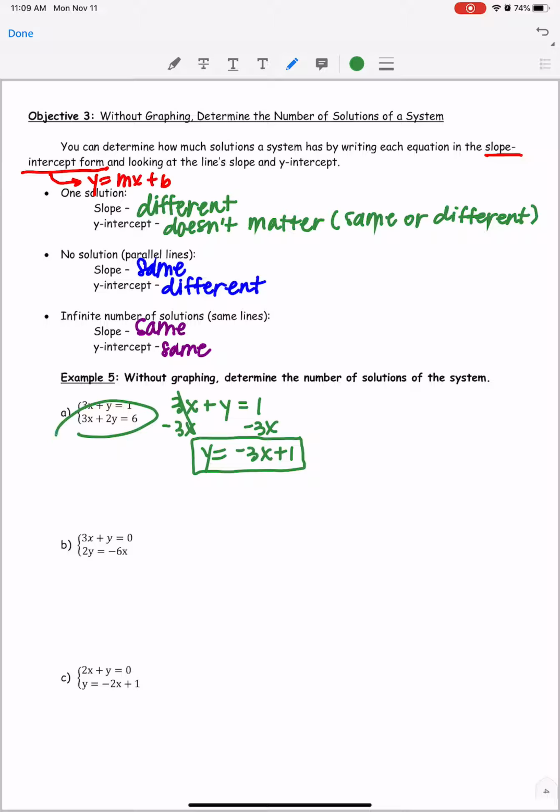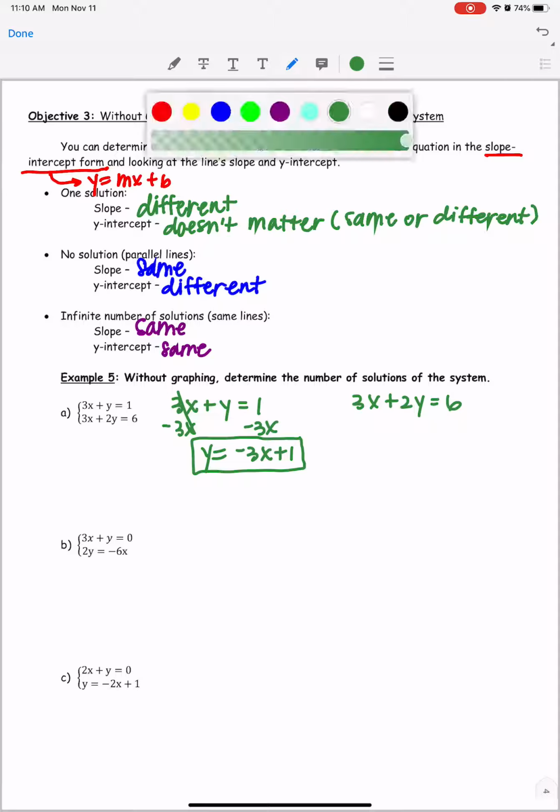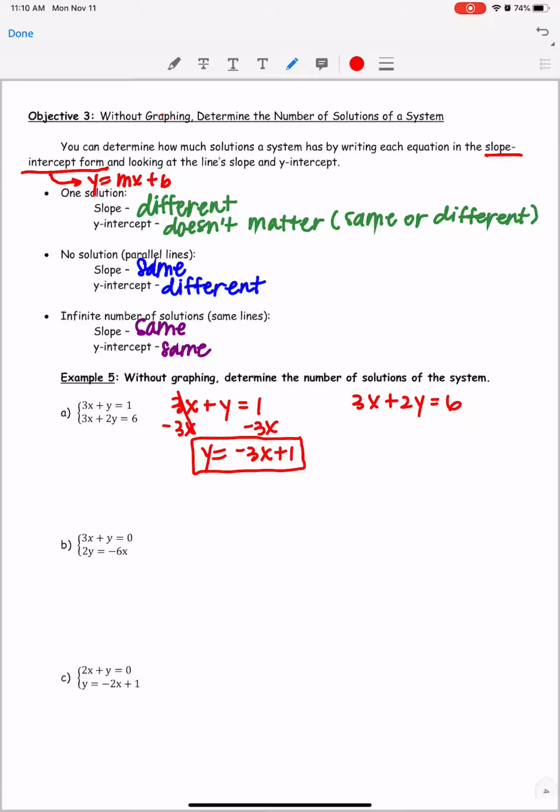I'm going to take this next one, that bottom one, solve it for y. So we're subtracting that 3x over again. I've got 2y equals negative 3x plus 6 because I can't simplify, they're unlike terms. Divide everything by 2. And I get y equals, can't reduce anything there, so negative 3 over 2x plus 3.